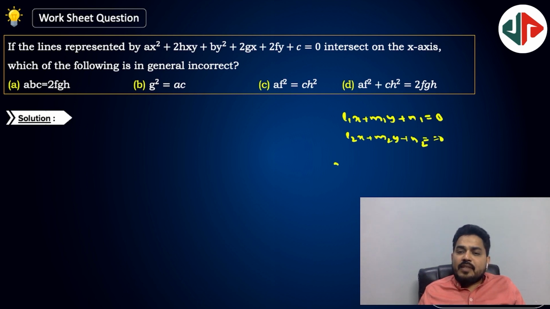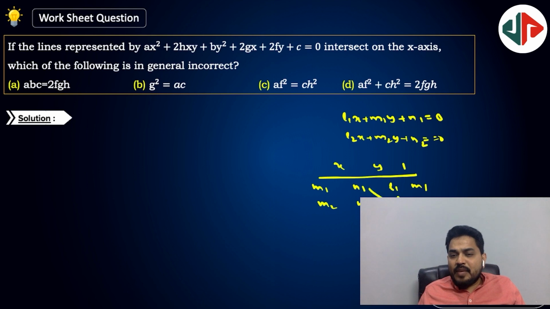So x, y, z1. How will you find the point? M1, N1, L1, M1, M2, N2, L2. Y value will be equal to (N1 L2 minus N2 L1) by the determinant, and this should be equal to 0.